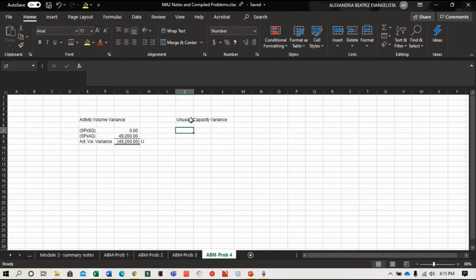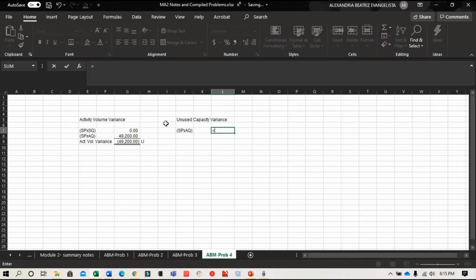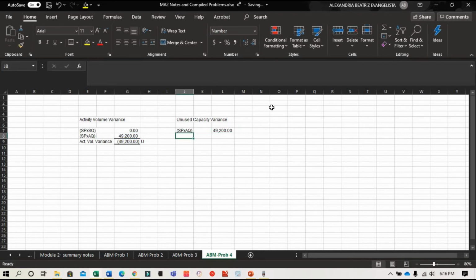Since we don't have any information with regard to the actual usage that was used, of course, by the inspection activity, we could simply compute for the actual usage of the inspection activity by multiplying SP times EQ, which we have computed earlier, which is 49,200 by 70%.